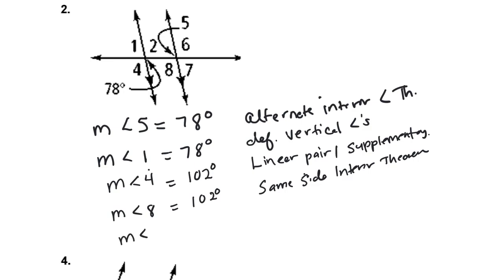We know that the measurement of angle 2 is 102. Definition of vertical angles. We know that angle 2 and angle 4 are congruent because they're vertical angles.